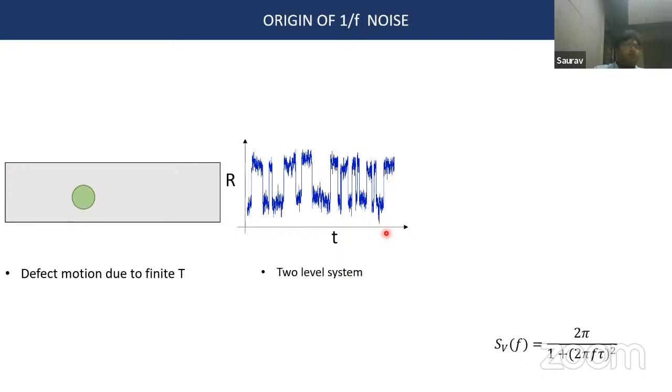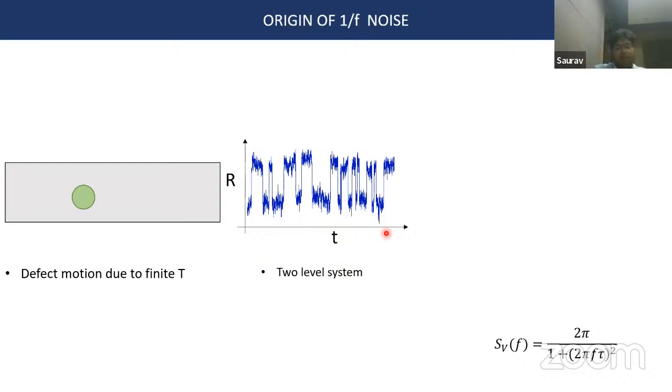This is called a two-level system, and it has huge consequences, especially in the context of something like superconducting qubits, where the qubit coherence is diminished by the presence of two-level systems at the interfaces of, let's say, aluminum oxide, aluminum channels.